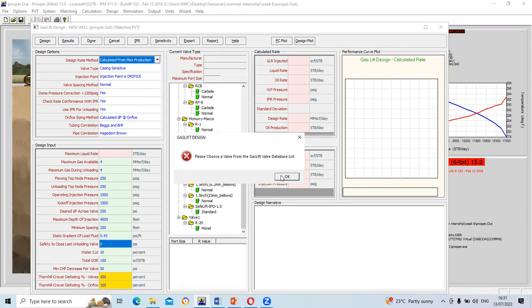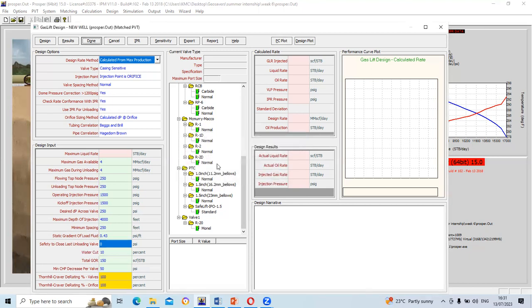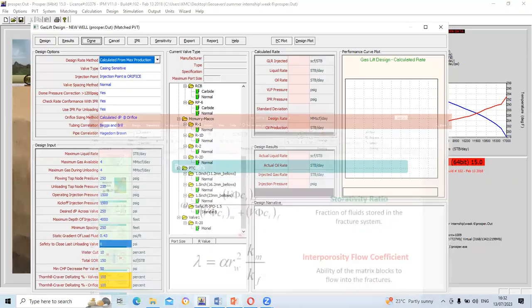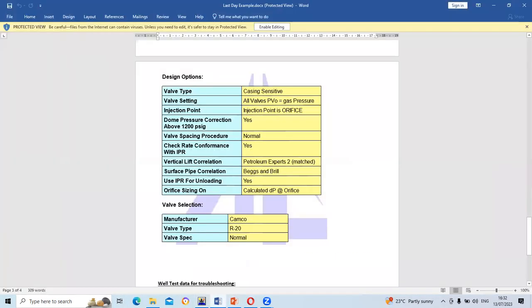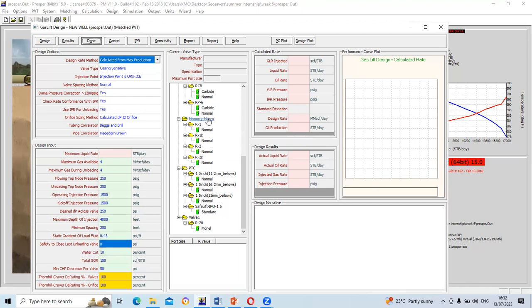Okay, choose a valve from the gas lift data list. Oh, okay. I've seen where the problem is. All right.